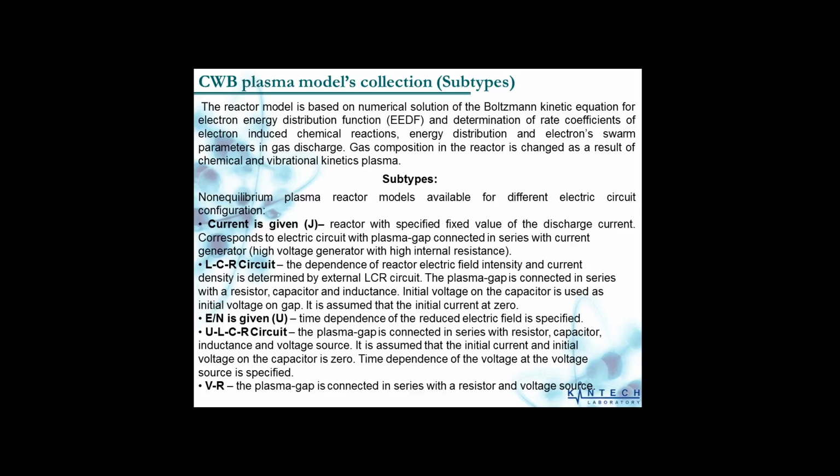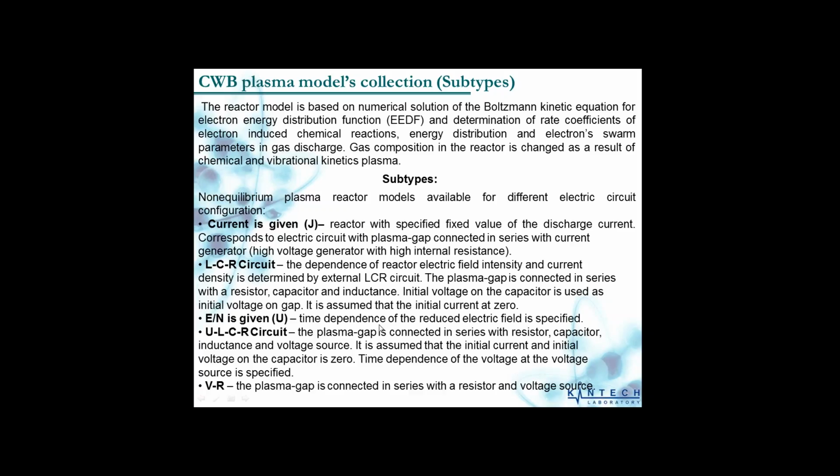After that, we have discharging of the capacitor and formation of the plasma in the discharge gap. And the last one is the ULCR circuit, when the plasma gap is connected in series with the resistor, capacitor, inductor, and voltage source. There is a possibility to give an appropriate dependence of the voltage source versus time.